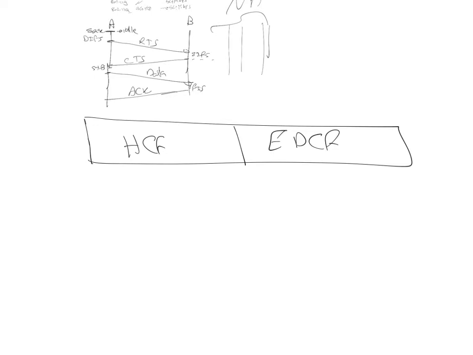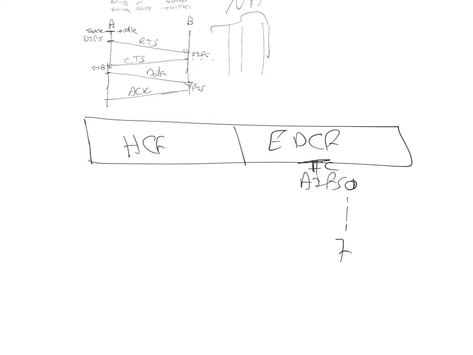For EDCF, we said that instead of DIFS, we had an AIFS. So AIFS will have AIFS 0, all the way to 7, to represent 8 different traffic classes. We call them traffic classes.